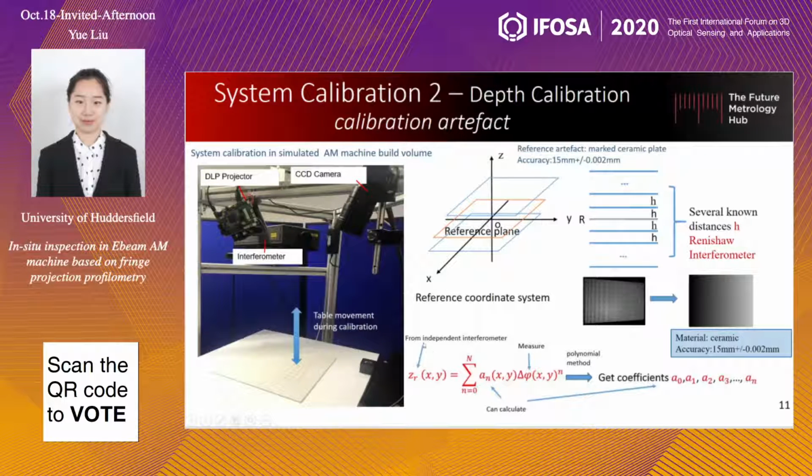On the left part, we can get the height information from a laser interferometer, which helps us measure the moving distance. On the right side, at every moving position, we project sinusoidal fringe patterns, and we can get the unwrapped phase. Then we can get the coefficients.